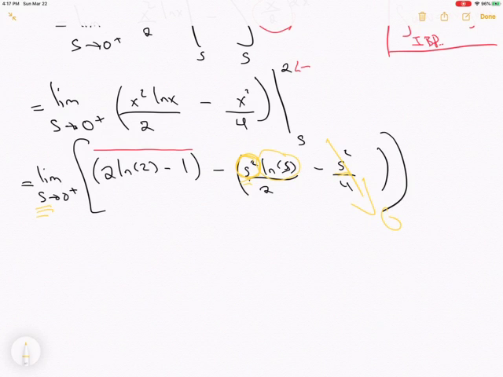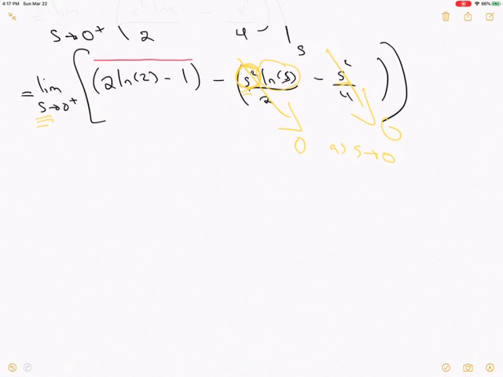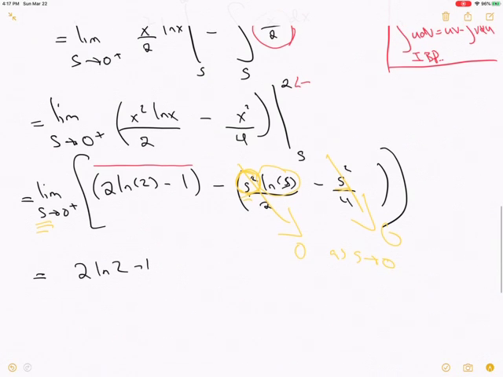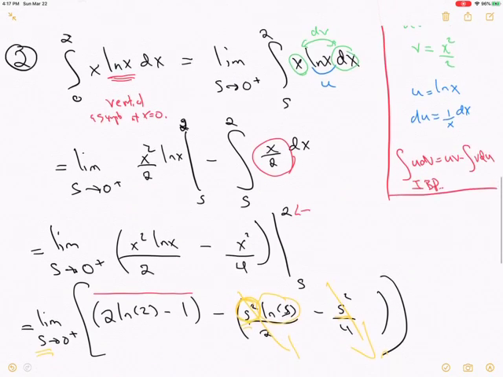And so you have to use L'Hopital's rule, and if you use L'Hopital's rule, you'll see that this also goes to 0. So both of these go to 0 as s goes to 0. And so when you take the limit, the contribution from the s ends up vanishing, and you just get 2 natural log of 2 minus 1, which is a finite number. You have to plug natural log of 2 into the calculator to see.